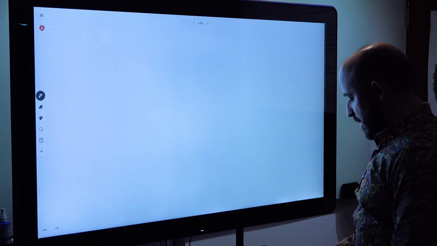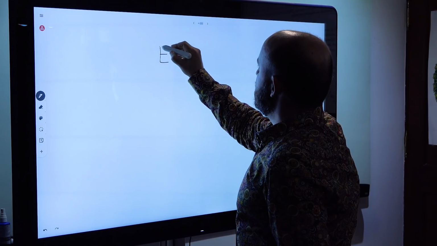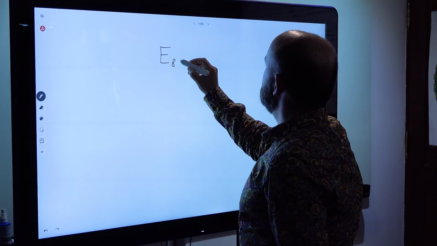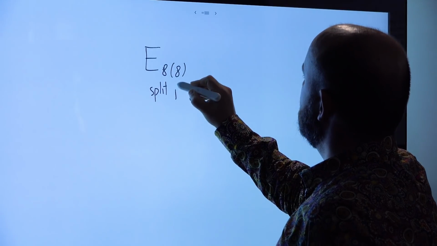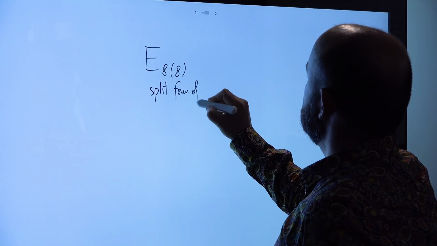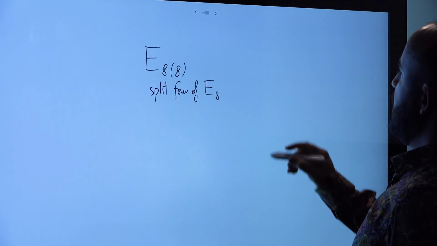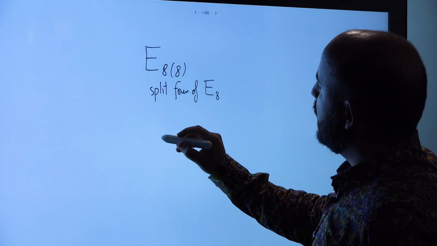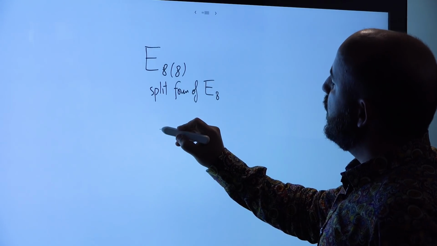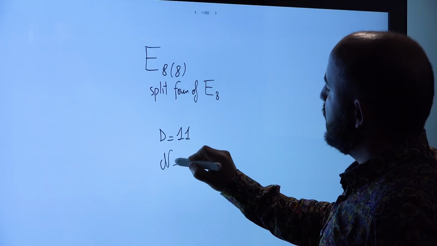So essentially, what happens is that I will consider E_{8(8)}. This is the split form of E8, and I will specify the previous embedding for D equal 11 and N equals 16.